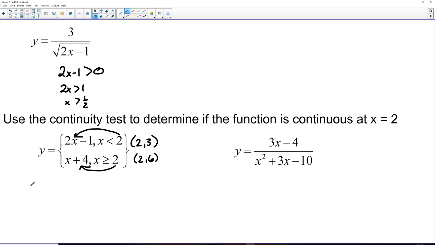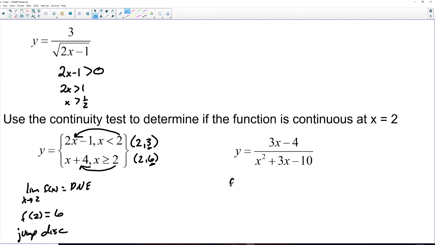So the limit as x approaches 2 of f of x does not exist, because this side is approaching 3 and the other side is approaching 6. We also have f of 2 is equal to 6. Now, these two things don't equal each other, so we have a jump discontinuity for this one.